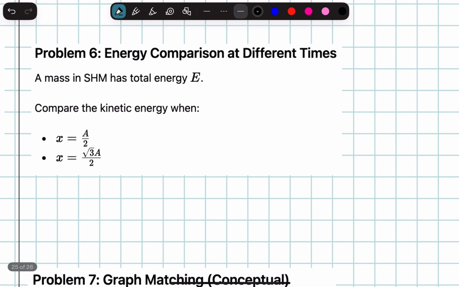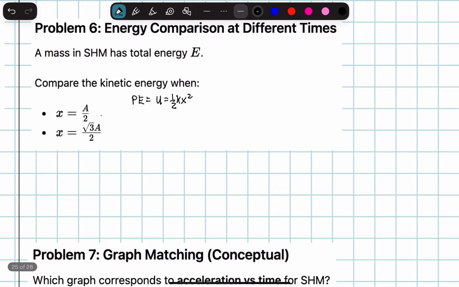A mass in simple harmonic motion has the total energy E. Compare the kinetic energy when x is equal to A over 2 versus x is equal to root 3 times A over 2. Potential energy in general is U is equal to 1/2 kx squared.